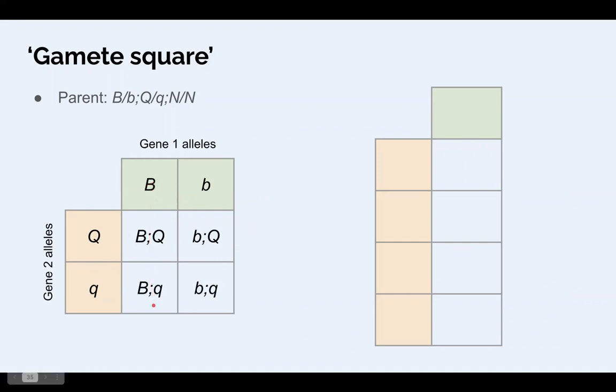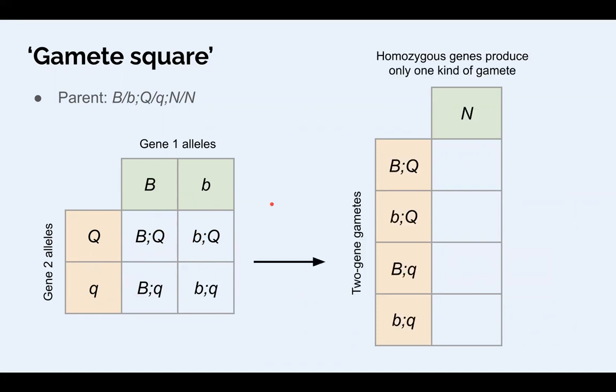And you just follow the B's down and the Q's across, and you get those 4 possible genotypes for B and Q. And combining those with N, we only have to write one kind of N because there's only the one kind of N allele, and that fills down big N for everybody. So another way to do that, whatever is easier for you. Some people are comfortable just thinking through how to make these gametes in their head. If you're not quite certain about what to do, I'd recommend using one of these methods, the gamete square or the branch diagram.